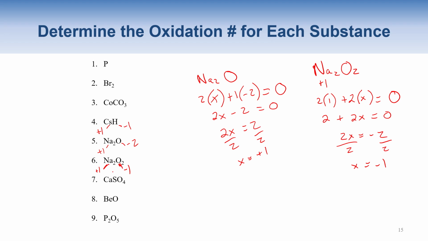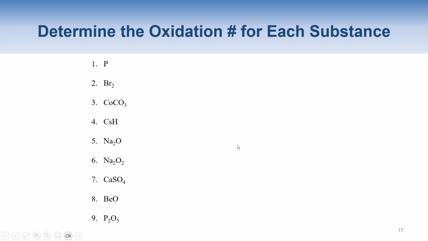This next one, we have a polyatomic ion here. I'm going to clear this out. We're going to recognize this and break this in half. This half is going to be equal to the charge on the polyatomic ion.